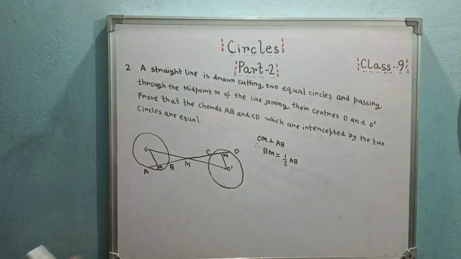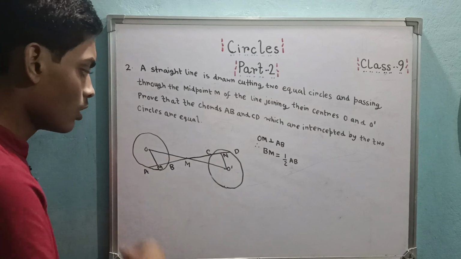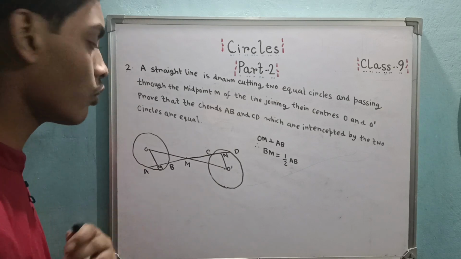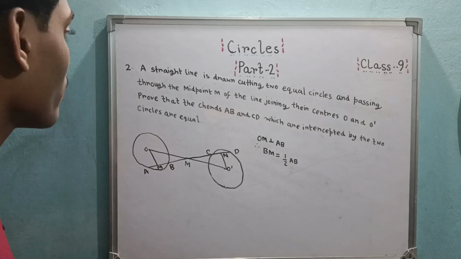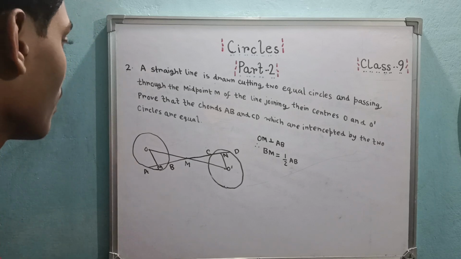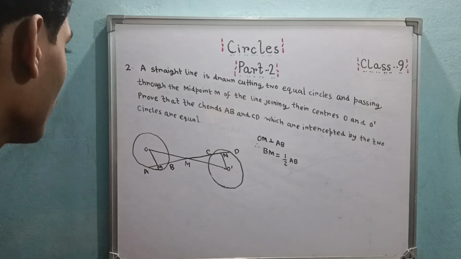Because of this perpendicular OM, the chord has been divided into two parts, AM and MB, so BM can be half into AB. Okay, so half into AB.